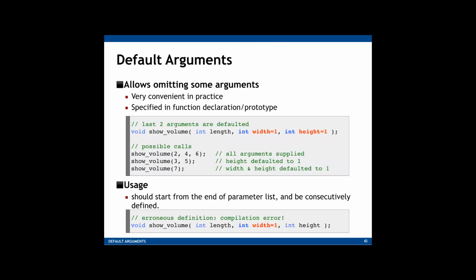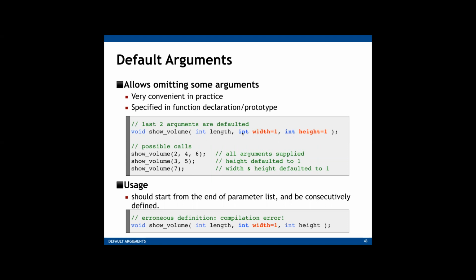So a default argument is a value provided in a function declaration. If the caller of the function does not provide a value for the parameters, the default value will be used by the function. So here, this is a function declaration.